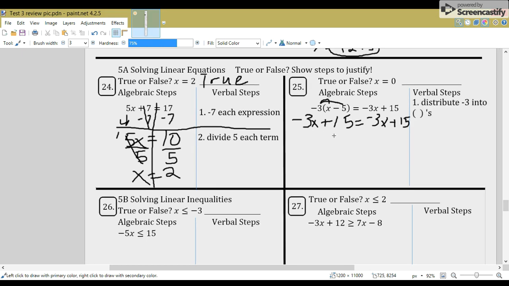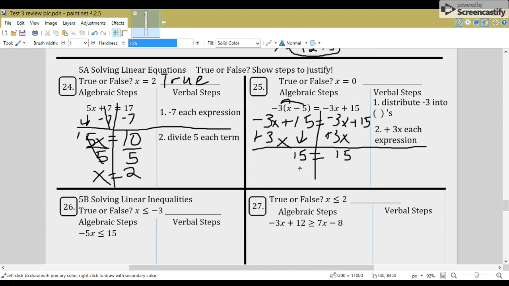Step 2. Let's get all the x's on one side. Add 3x to each expression. Line up the x's together because they are like terms. They both have one x next to them. So 15 equals 15, all the x's went away.